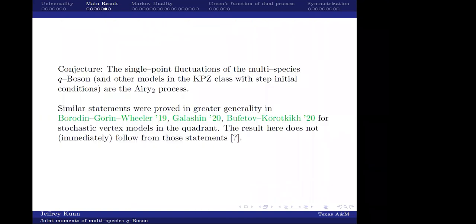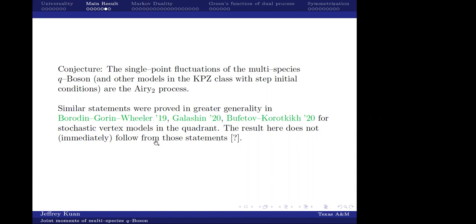So then a natural conjecture, which as far as I know hasn't been stated in the literature before, although maybe someone knew it and just didn't write it down, is that the single point fluctuations of the multi-species Q boson and other models in KPZ with step initial conditions are the Airy_2 process. Similar statements were proved in more generality by these authors for stochastic vertex models in the quadrant.